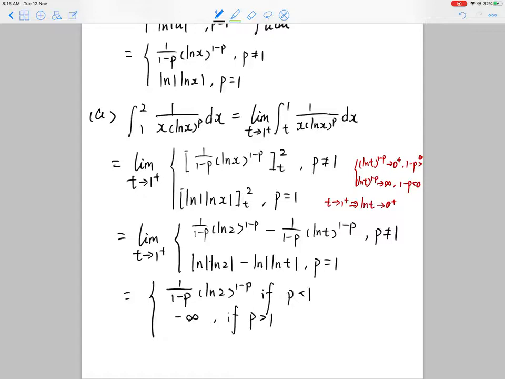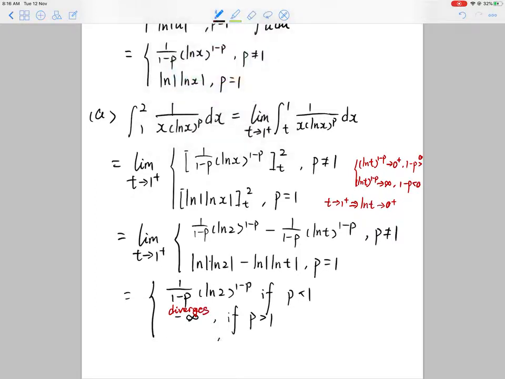This other part I don't care, it's a fixed value. So it's negative infinity, which means it diverges if p is greater than 1.